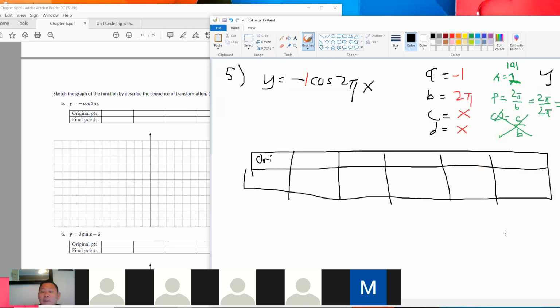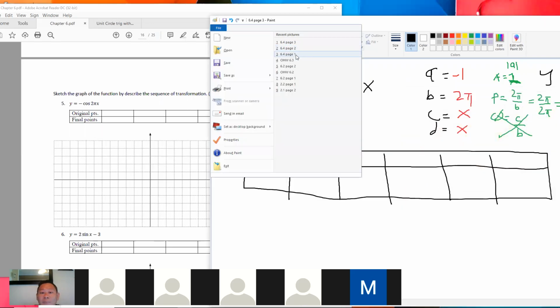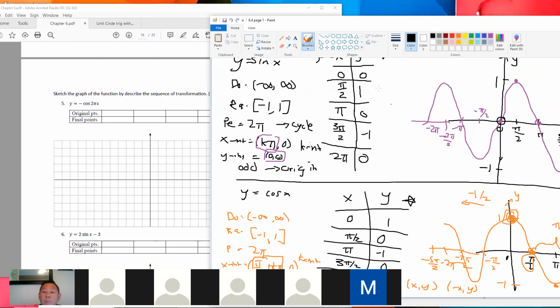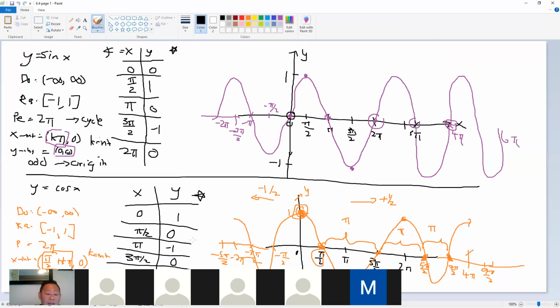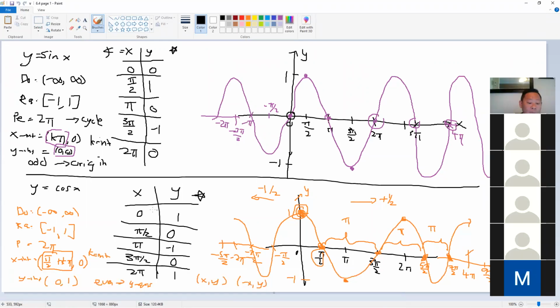These are the 5 points: 0, 1, pi over 2, 0, pi, negative 1, and so on. These are the 5 points I'm talking about for cosine.